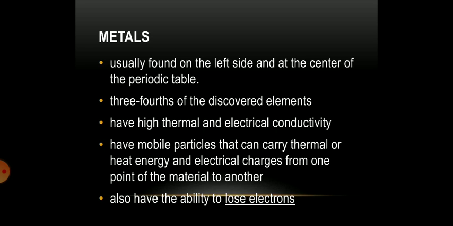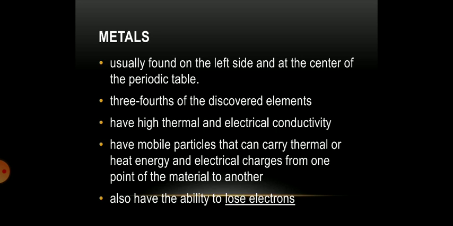This means most of the elements in this periodic table are metals, and they have high thermal and electrical conductivity. As we know the properties of metals, this is a very important property: they have thermal and electrical conductivity.